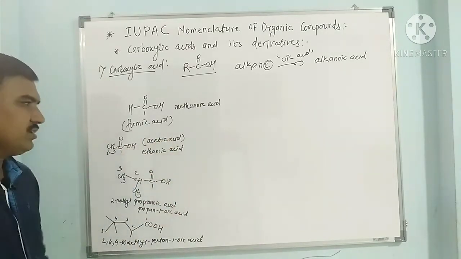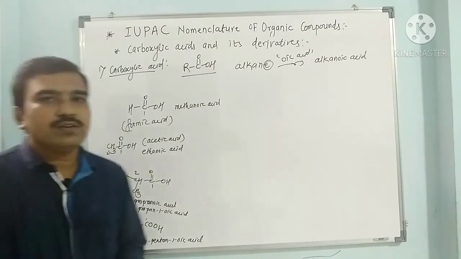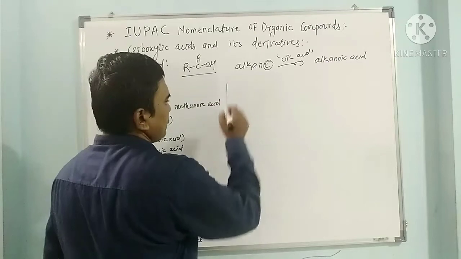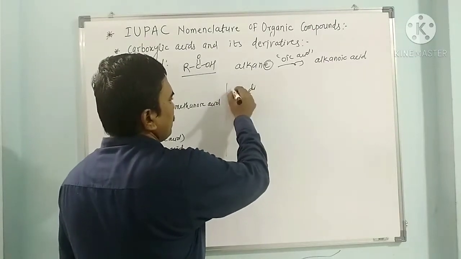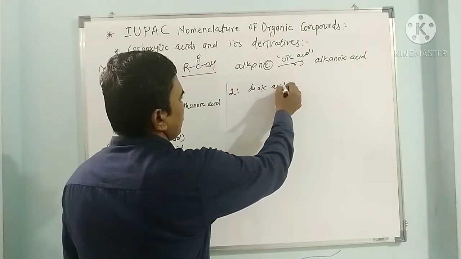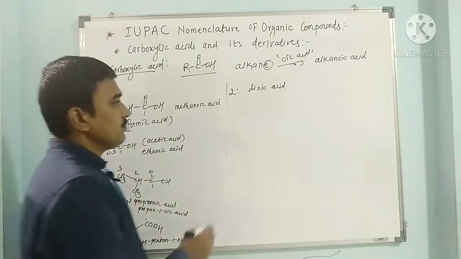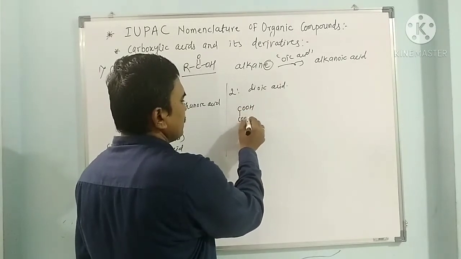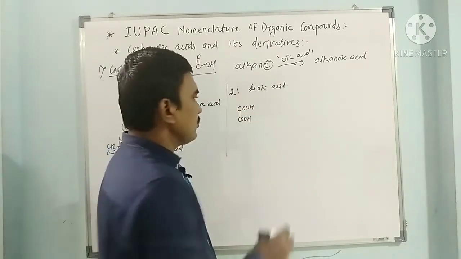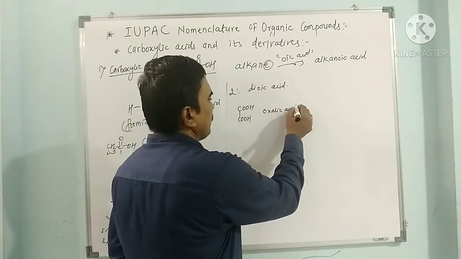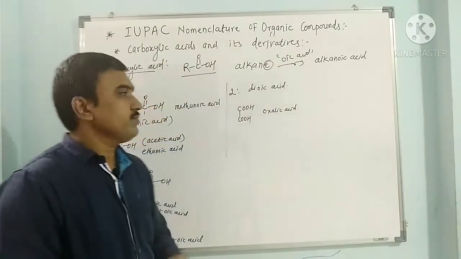So in this way these are named. If 2 carboxy groups are present in the same compound, then it is called a dioic acid. See a few common names of these compounds. COOH, COOH. This is oxalic acid, a water soluble organic acid.